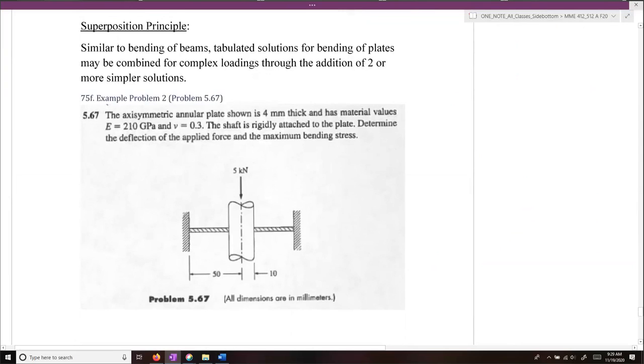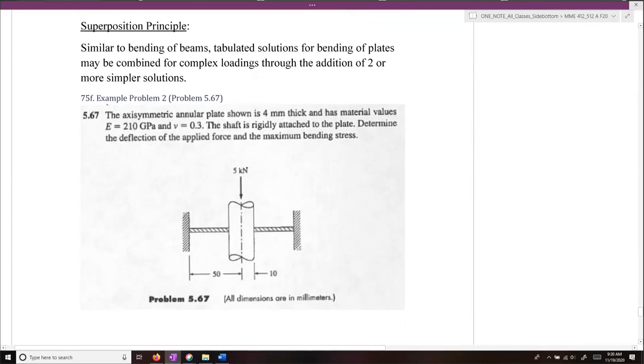The one thing I want to bring up for all plates, and this isn't just for rectangular plates or circular plates, is that you can use the superposition principle, just like you did with beams that you've been using the whole time.